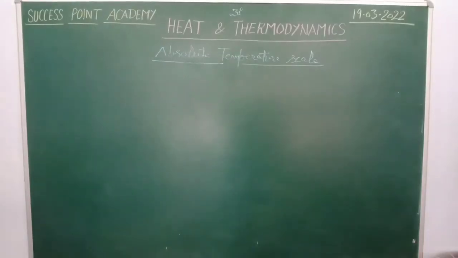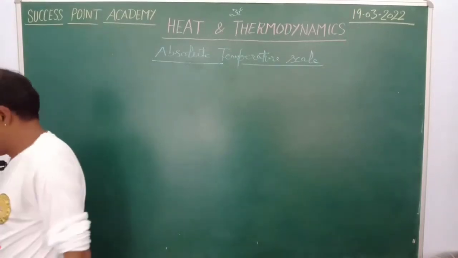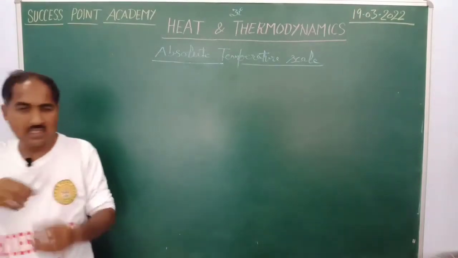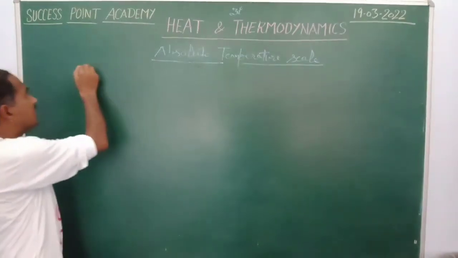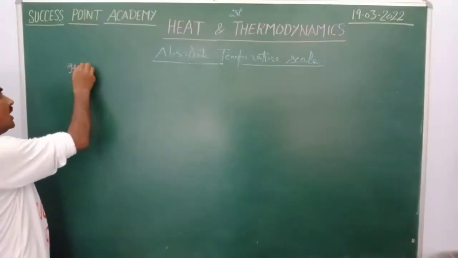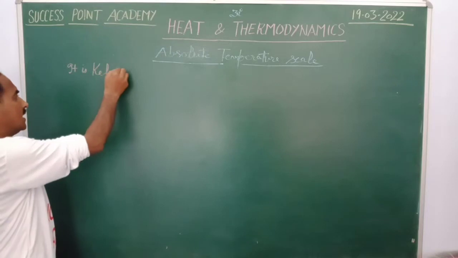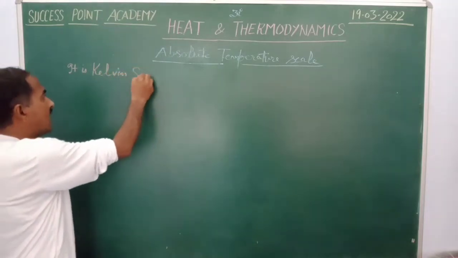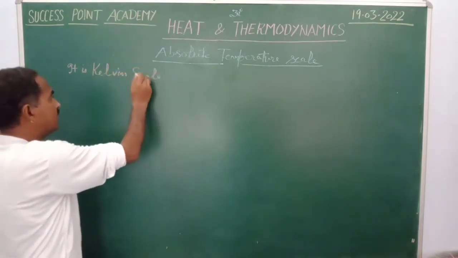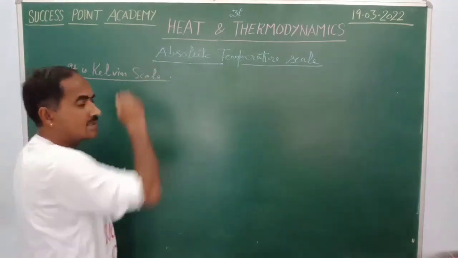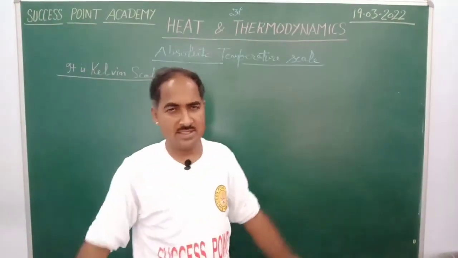So it is actually what? The Kelvin scale. That is called the absolute temperature scale. This is actually the Kelvin scale.